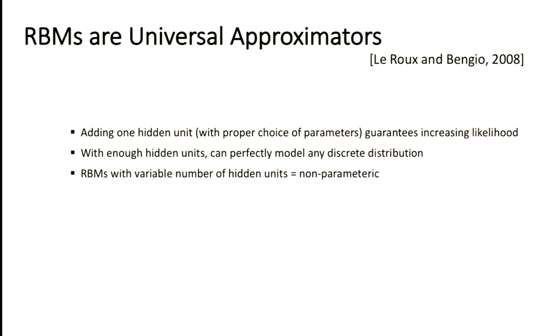That enables you to learn a generative model of any form of data distribution. So if you have enough hidden units, you could perfectly model any general discrete distribution. We will not go into the details of the derivations of this, but you can refer to the paper from Le Roux and Bengio from 2008.